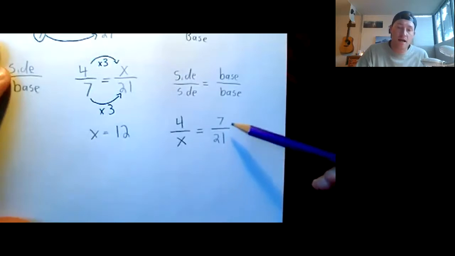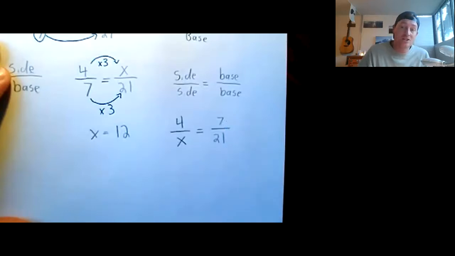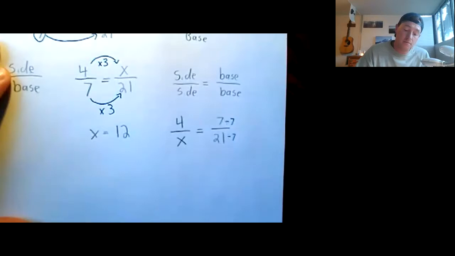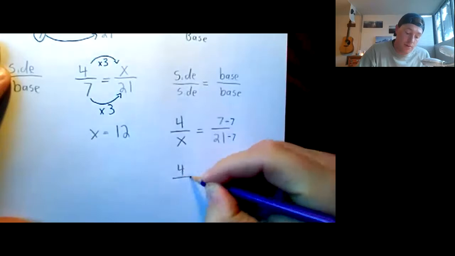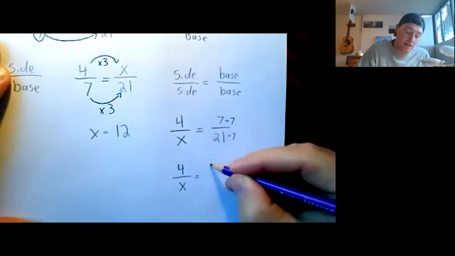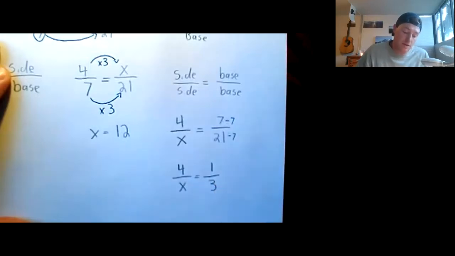Is there any number in common that I can divide the 7 by and the 21 by? And yes, you can. You can divide by 7. So I'm going to rewrite my proportion with a reduced ratio on the right side. 4 over x equals 7 divided by 7 is 1. 21 divided by 7 is 3. Ooh, now I've got a nice relationship over here.